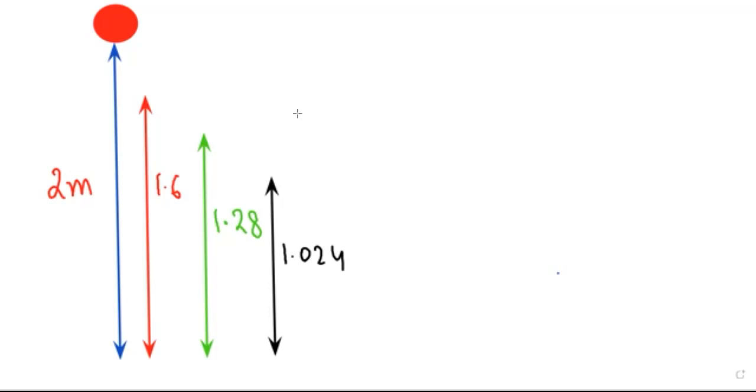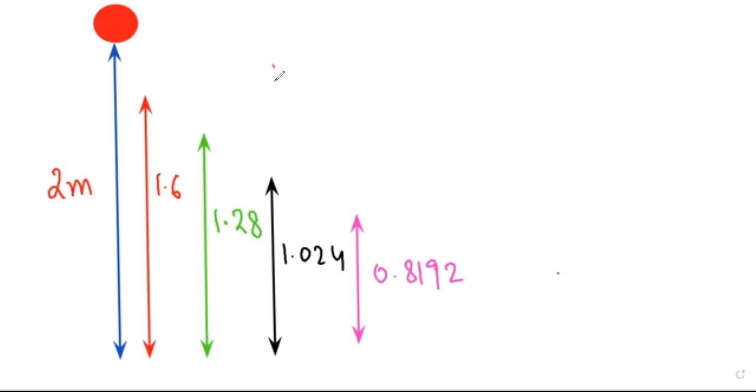Next is 80% of 1.024, which would be, I think, 0.8192, and so on. The question gives information about the total distance.